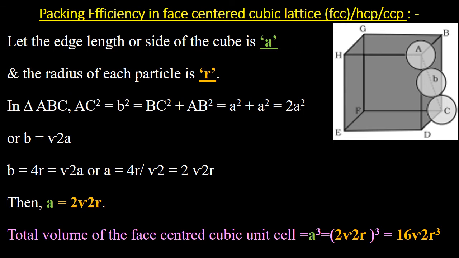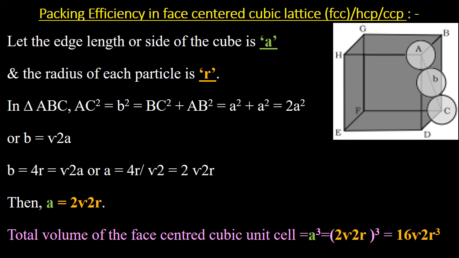Let us know how to calculate packing efficiency in face-centered cubic lattice, that is FCC, and also in HCP and CCP. Let the edge length or side of the cube be small a and the radius of each particle be small r.